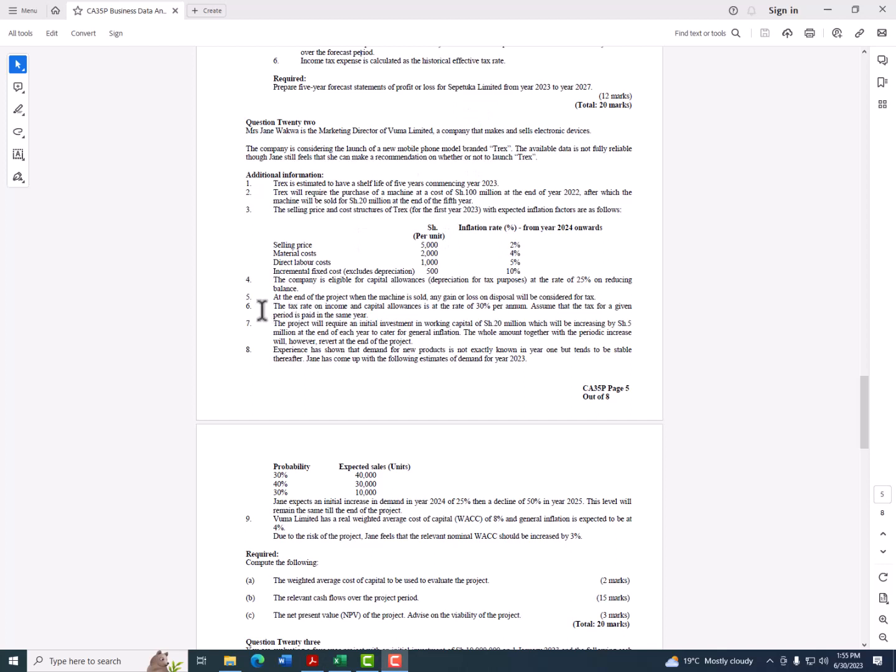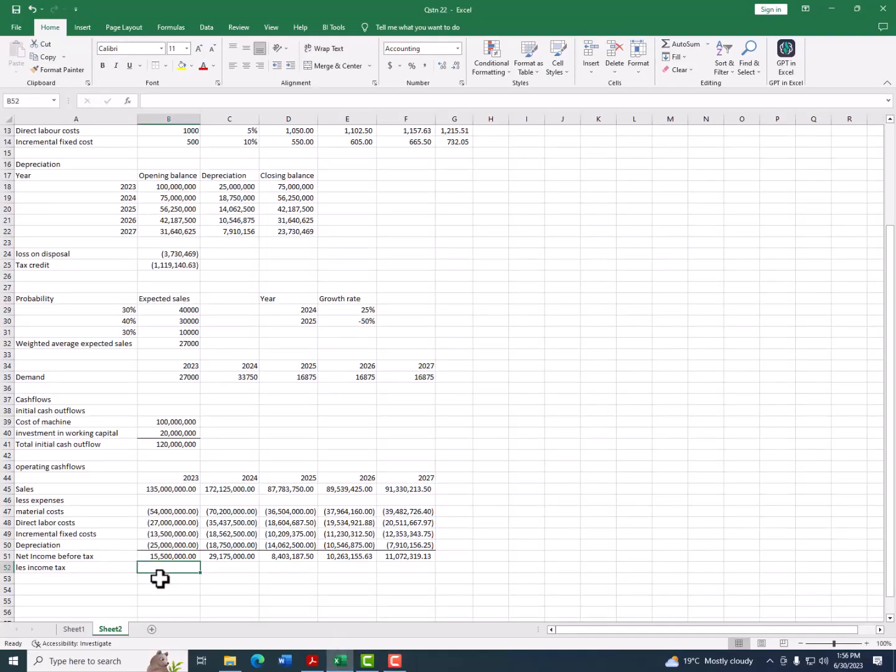So check note number 6, we are told the tax rate on income and capital allowances is at the rate of 30% per annum. Assume that the tax for a given period is paid in the same year. So we are told that it is 30%. So here we use that 30%.